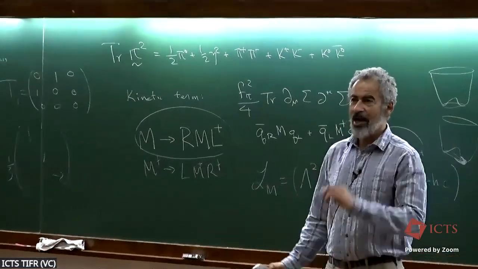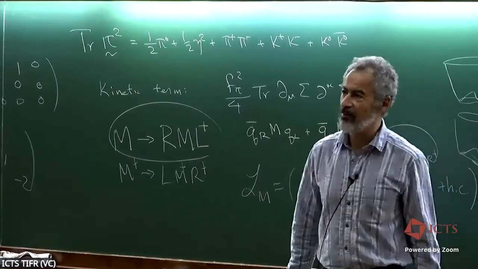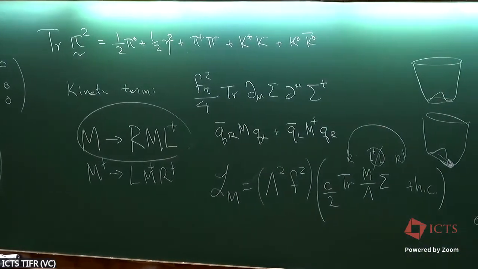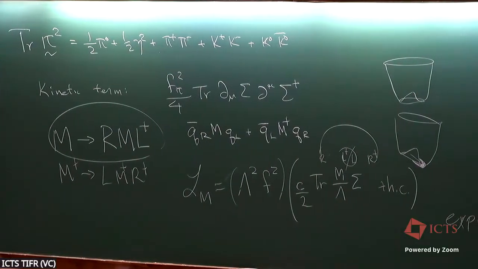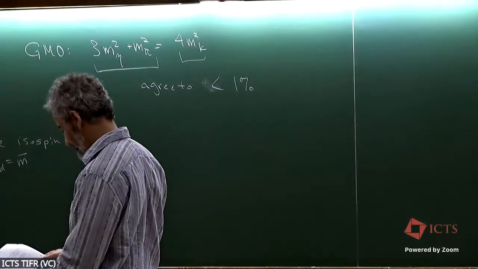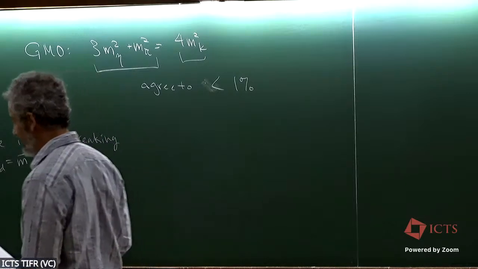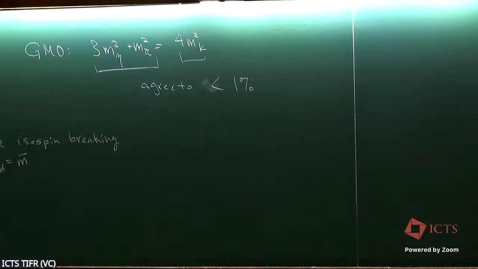With that assumption, and that linear perturbation theory in the breaking would work, he came up with this prediction. Another source of symmetry breaking is the electric charge. Explicit symmetry breaking.